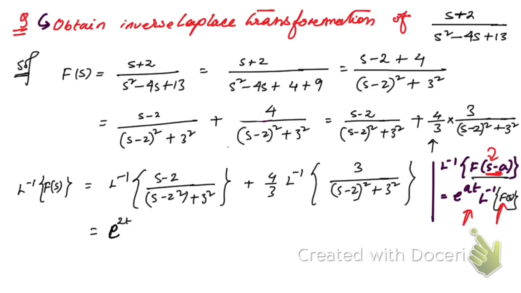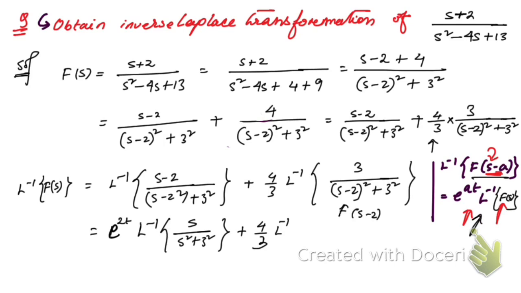or you can do one more step, that is, the inverse Laplace transformation of s by s square plus 3 square. You can write one more step, then plus 4 by 3 times the inverse Laplace transformation of this, which is going to be equal to e to the power, we're going to use the same logic. This is F of s minus 2, right?